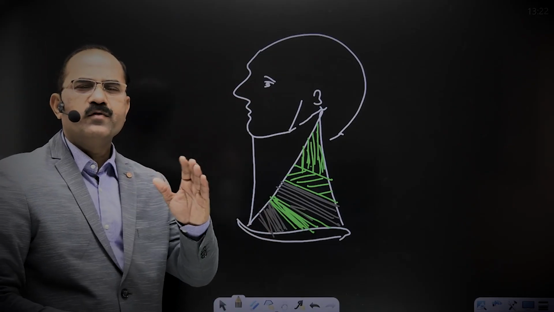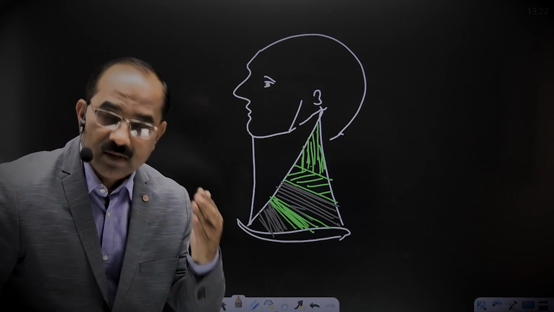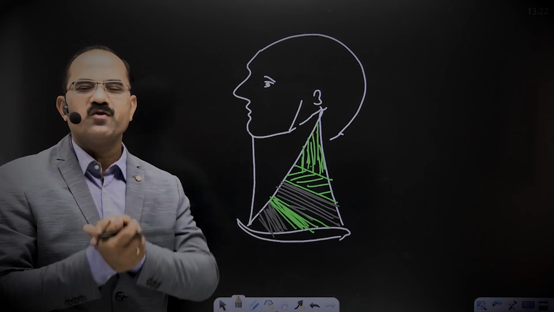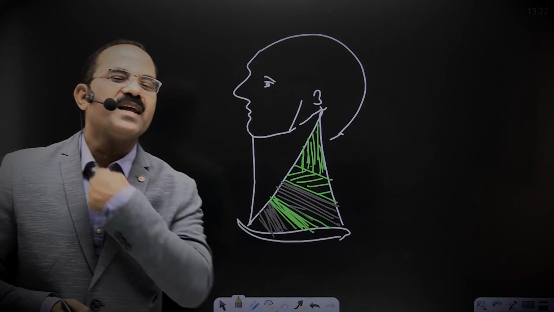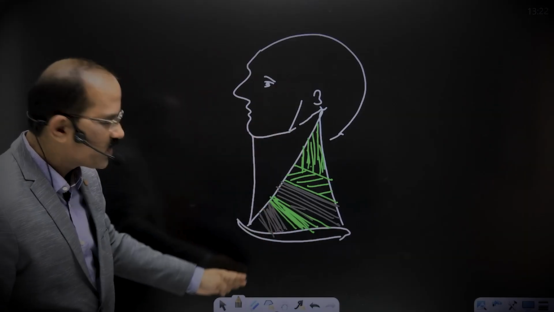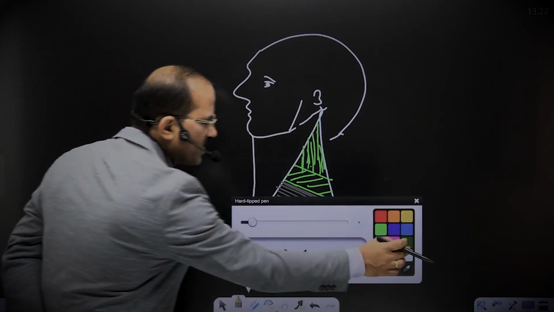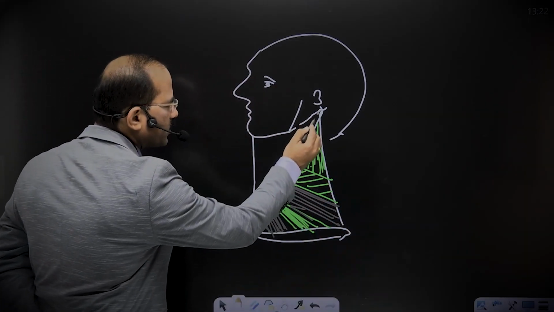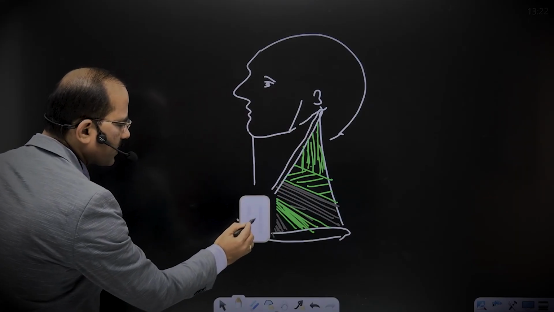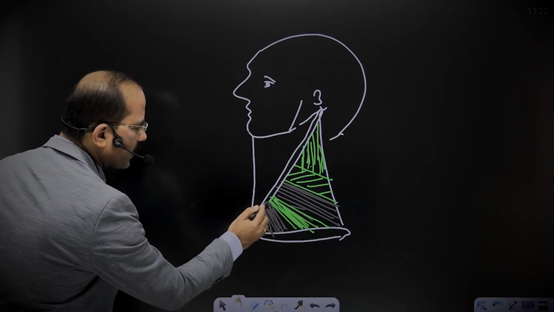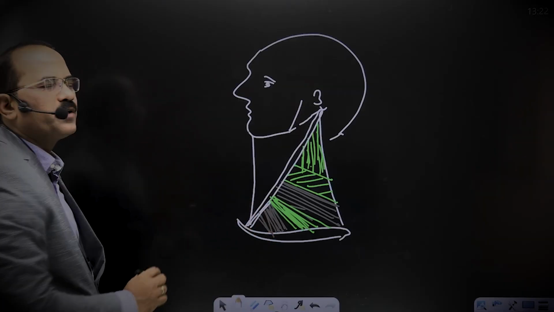So earlier we used to include scalenus anterior also in the floor of the posterior triangle. But recently it is said that scalenus anterior lies behind the sternocleidomastoid, right? This muscle is the sternocleidomastoid. Let me make it slightly thick for you. So it is now said that the scalenus anterior lies behind the sternocleidomastoid.